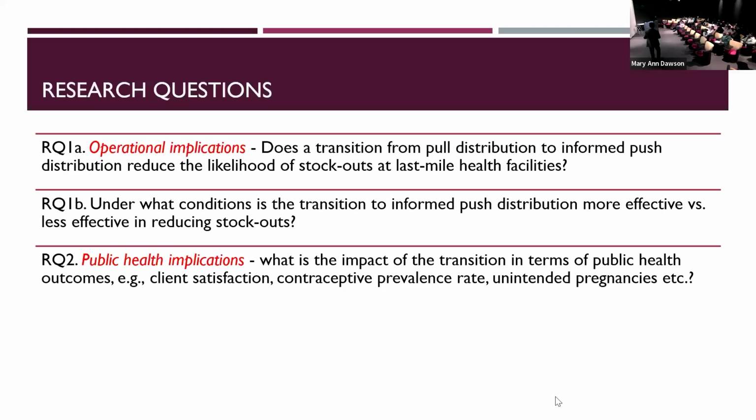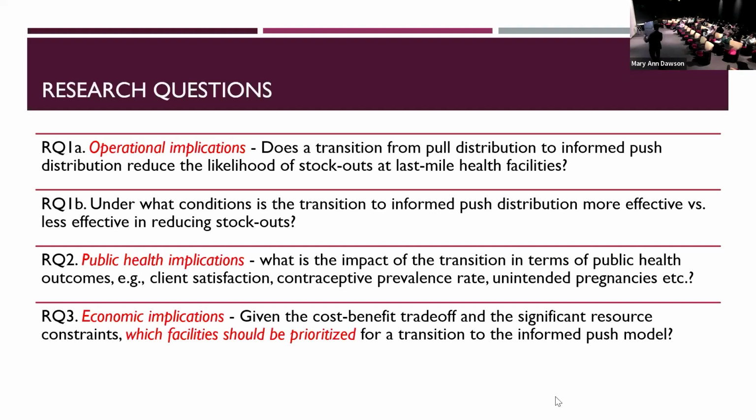So the second research question is, what are the public health implications of this transition in terms of how much clients are satisfied, right? Does that actually increase after this transition? What is the prevalence of contraceptives within the population? What is the impact on unplanned pregnancies, for example, right? So we also look at a number of public health metrics.